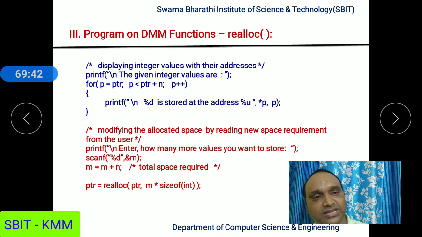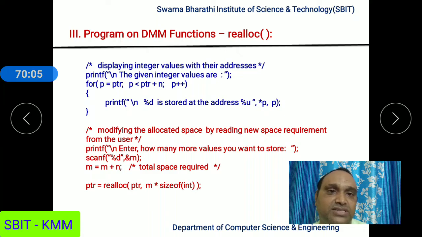Already 5 integer values are stored in the previously allocated location, but now the user found that 3 more values are left over, so he wants storage space for 3 more elements. Already space for 5 elements is allocated. These 5 elements plus these 3 elements: at one place we will allocate the space required for storing 8 elements.